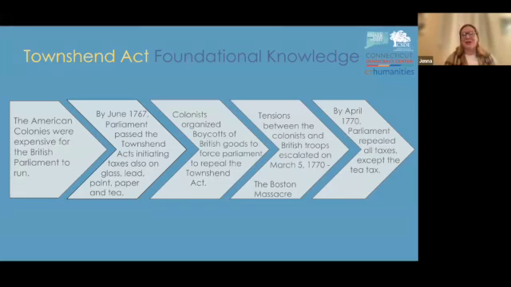The colonists organized boycotts of these British goods to force Parliament to repeal the act itself. The tensions grew between the colonists and the British troops during this time, which led, as an effect, to the Boston Massacre. By April of 1770, Parliament repealed all taxes except the tax on tea.